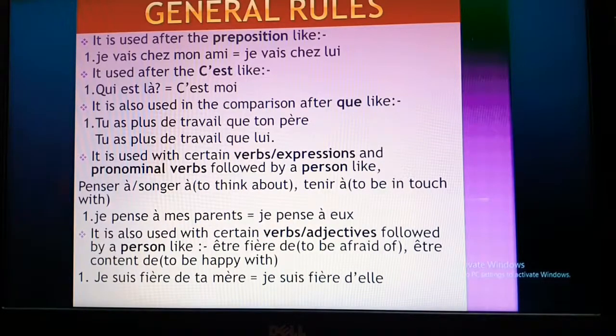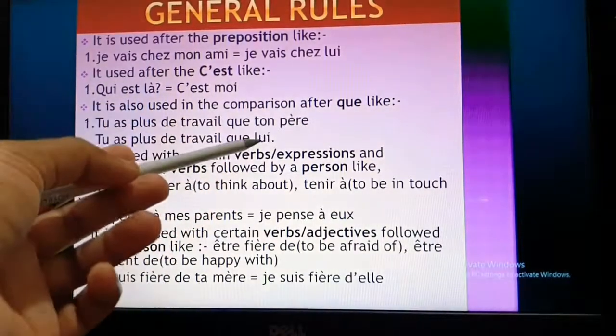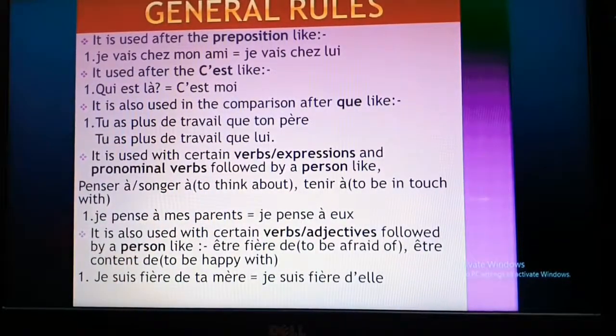Now the third point says it is also used in comparison after que, like the example Tu as plus de travail que ton père. Which means you have more work than your father. So we are comparing your work and your father's. So ton père will be replaced by the pronom tonique: Tu as plus de travail que lui.